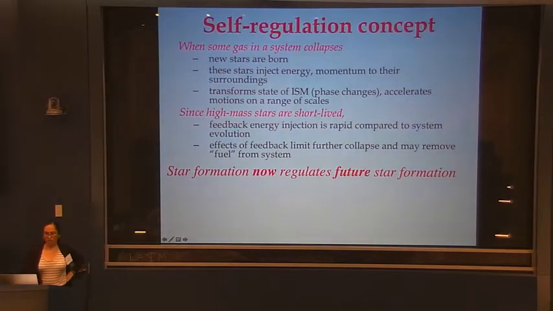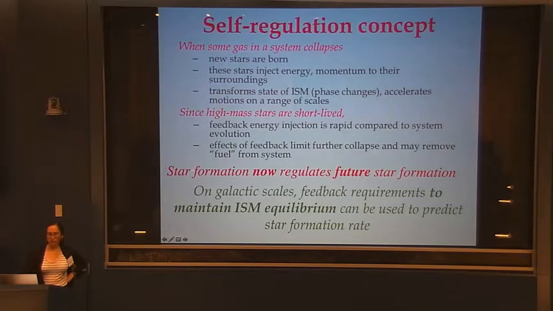So let's return now to this concept of self-regulation. And it turns out that on large scales, you can actually predict what the star formation rate has to be in order to have a completely self-regulated system in which you're balancing gains with losses and you're balancing forces for the overall system.